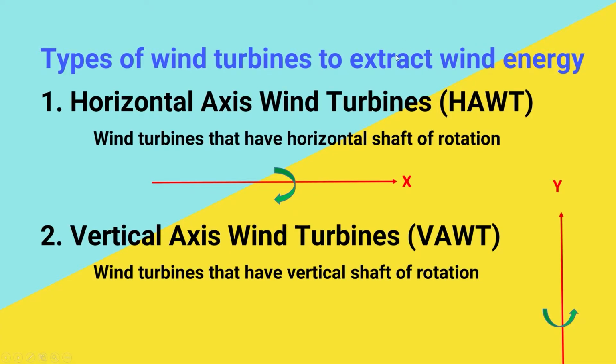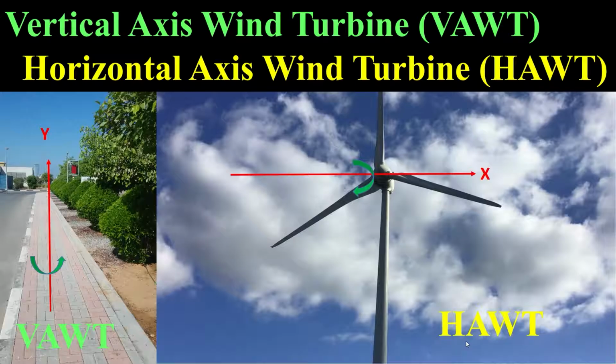There are two types of wind turbines. The first one, horizontal axis wind turbine. Wind turbines that have horizontal shaft of rotation like x-axis here. And number two, vertical axis wind turbines. Wind turbines that have vertical shaft of rotation like y-axis here. So let's have a look at these two turbines.